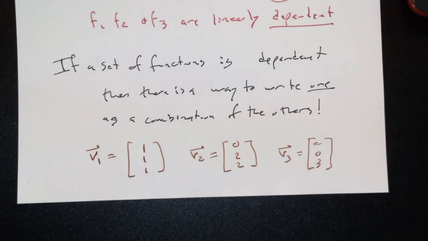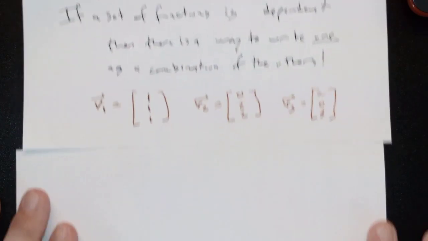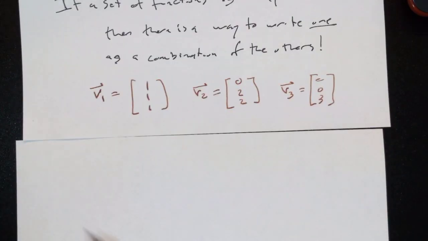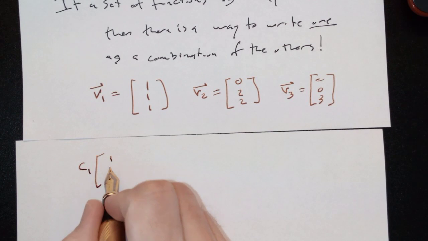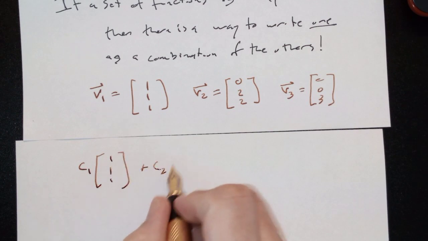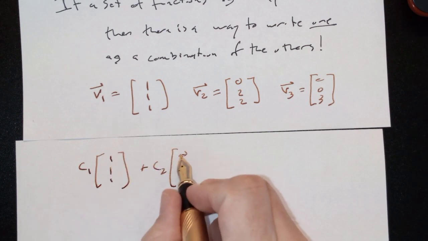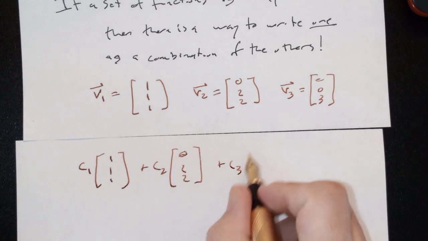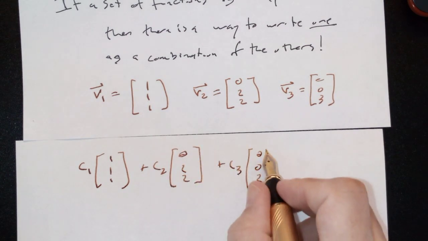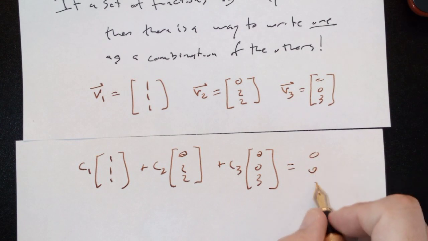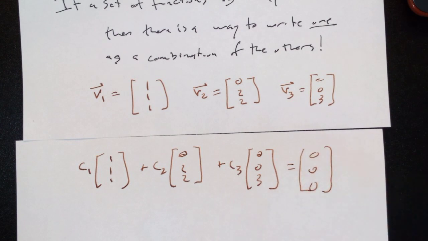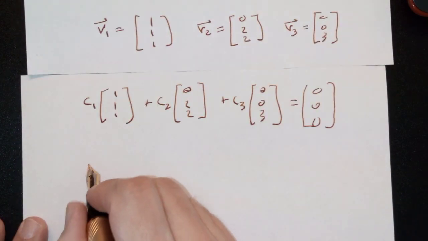Let's start setting that up. Since I'm doing vectors, the zero vector is what goes on the right-hand side, which gives me the following set of equations.